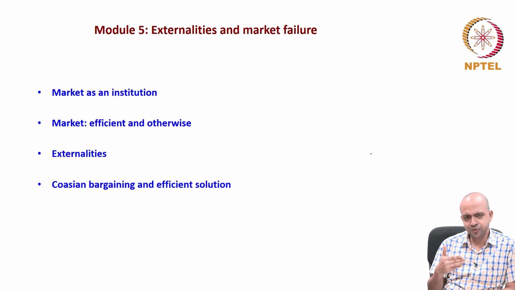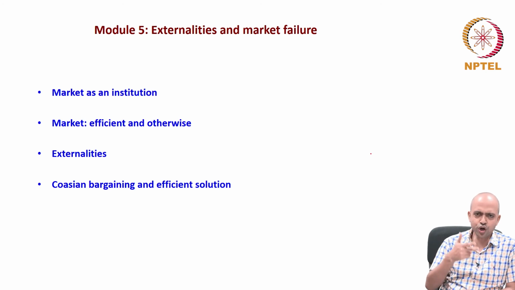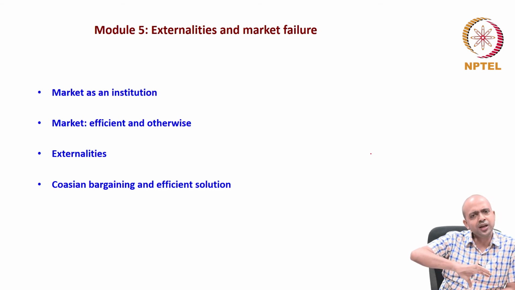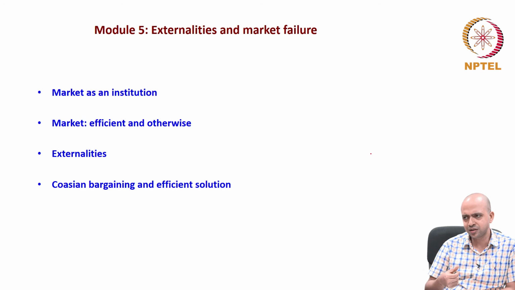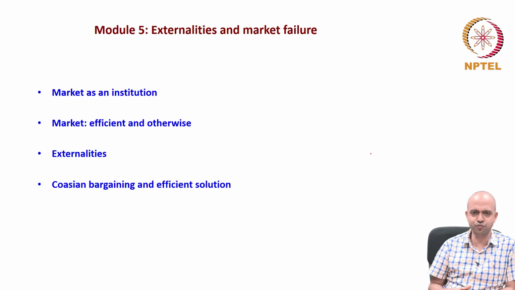when somebody starts smoking in a public place, the smoker is deriving some benefit, some utility, satisfaction out of smoking, but that will have some detrimental impact on others who are the passive smokers. They are bystanders. They are not directly involved in that economic activity, but still they are getting impacted.